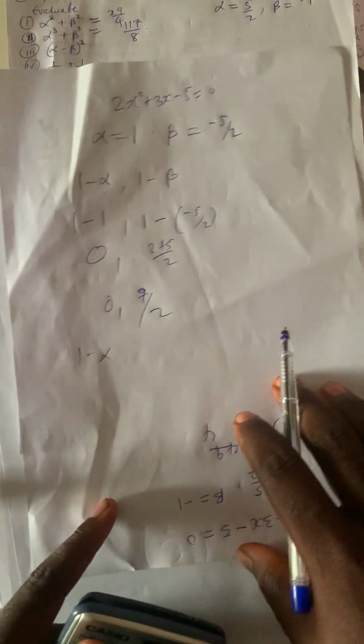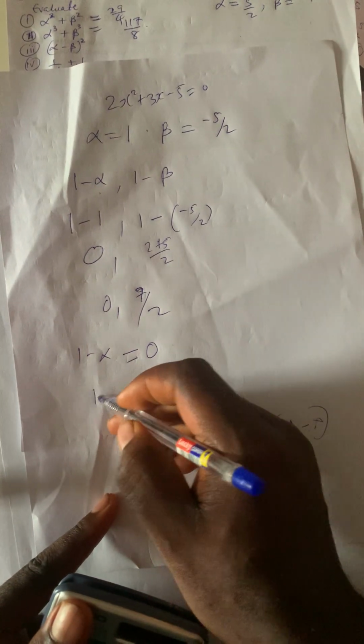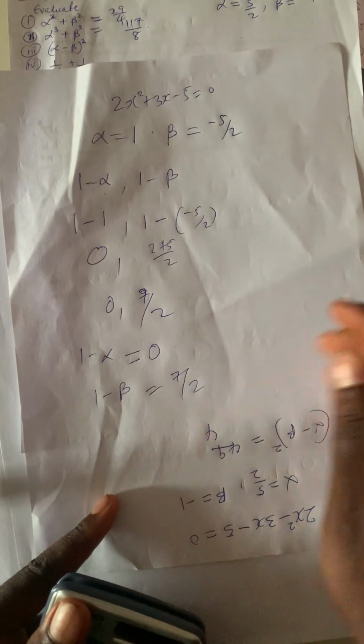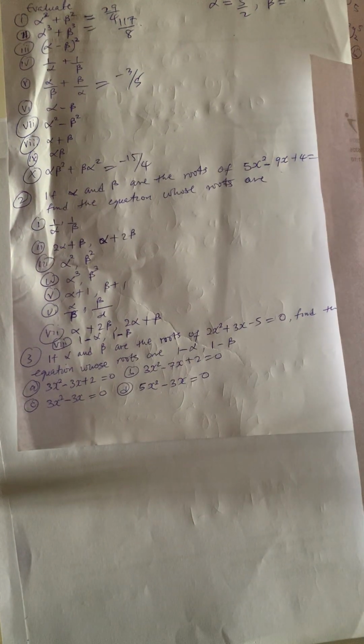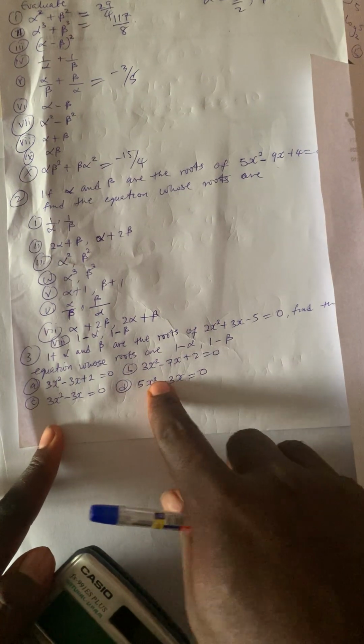You can even punch it in the calculator, but the reason I'm solving it like this is because I want to show you something. So 1 minus alpha gave us 0, and 1 minus beta gave us 7 over 2. Now in this method you need to start solving all these options with your calculator to see the one that will give you 0 and 7 over 2.